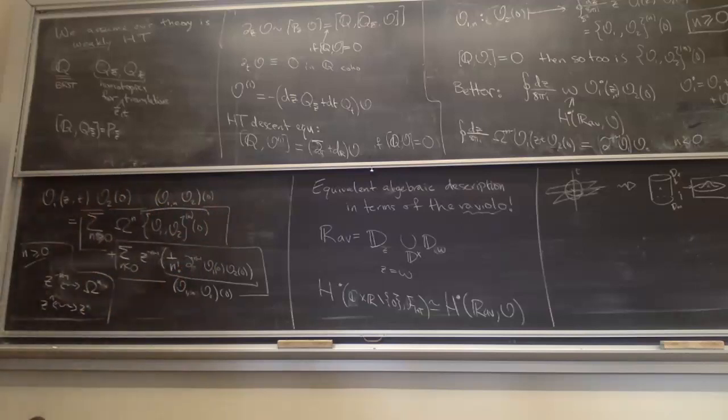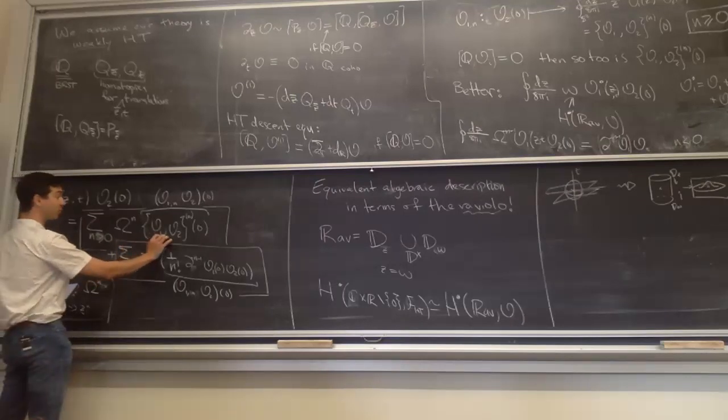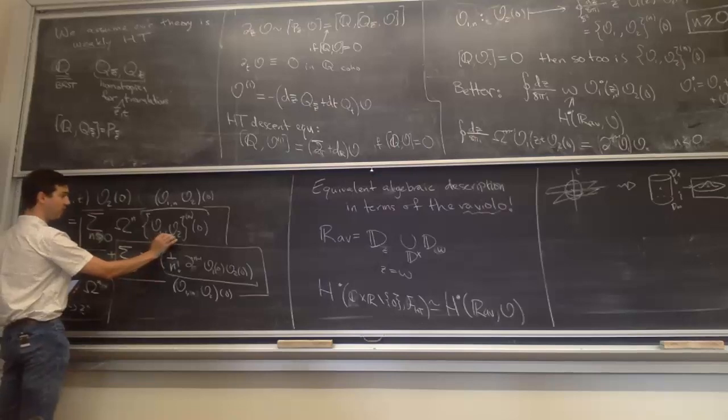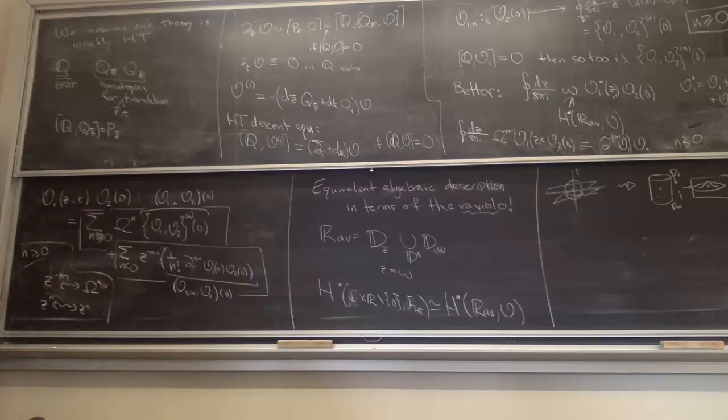It encodes these higher terms in the OPE, these descent brackets, and it actually has an interpretation as operator product expansions of O2 with O1 and its descendants. So together, this is an OPE of O1 and all of its descendants with O2.